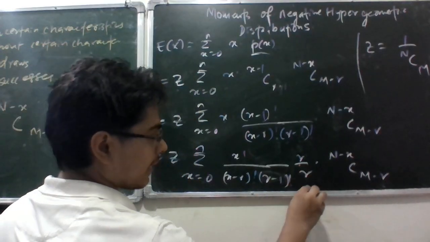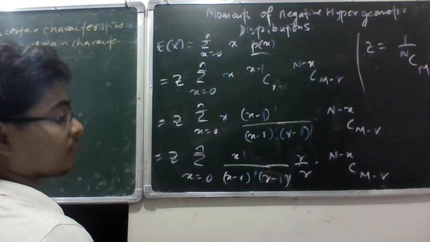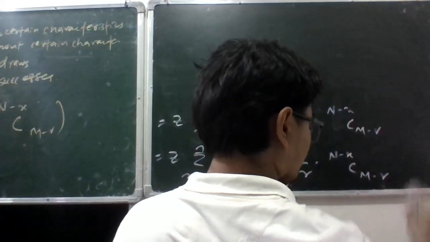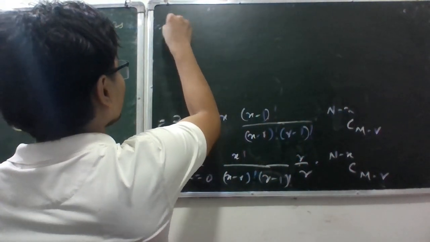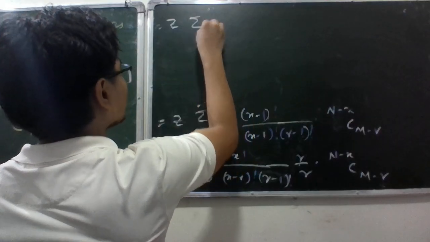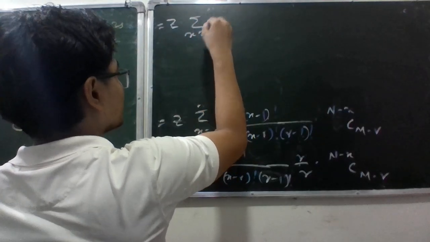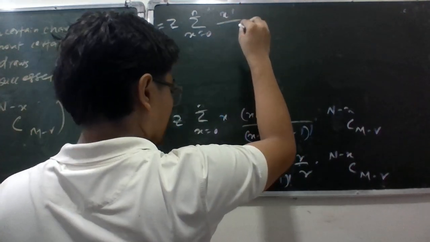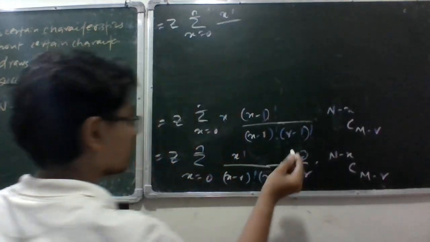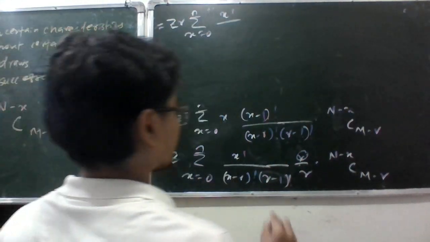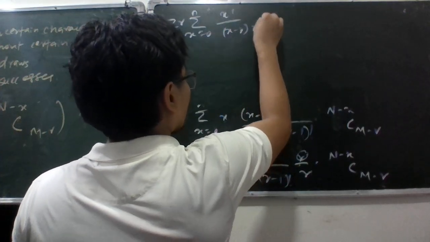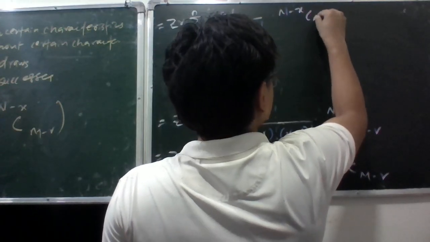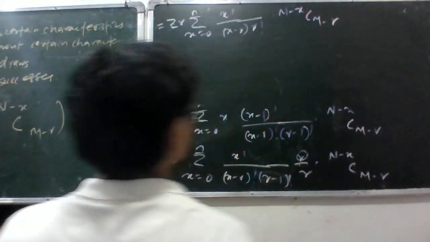So I multiplied r on both numerator as well as denominator so that we get a value which looks like z times summation of x equals 0 to n of x factorial, and now r, we don't need r here, so we can take z r outside, and we have x minus r factorial, and n minus x C m minus r.